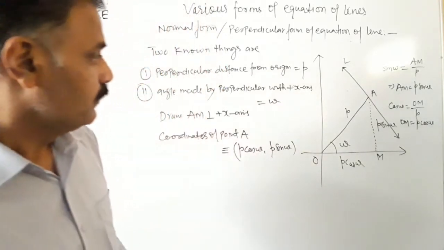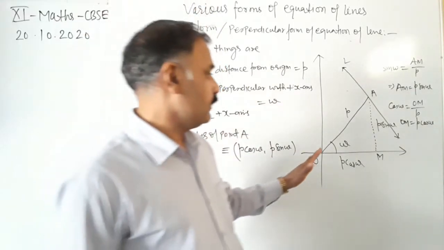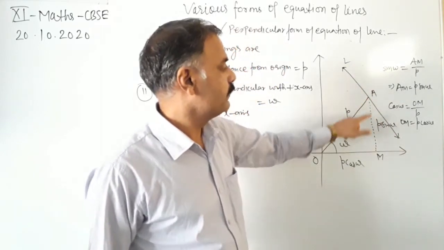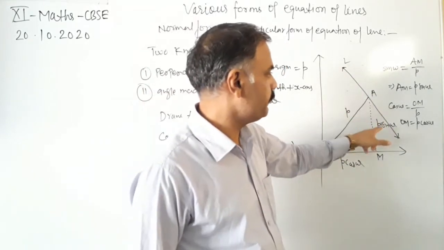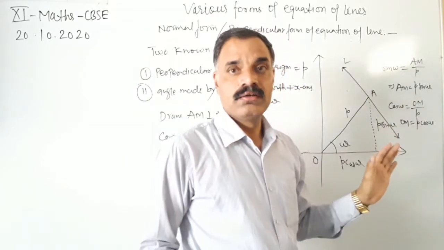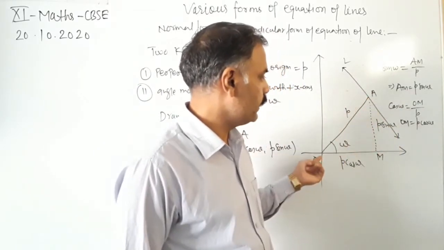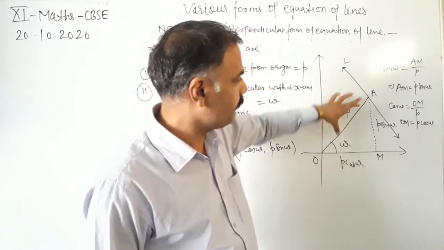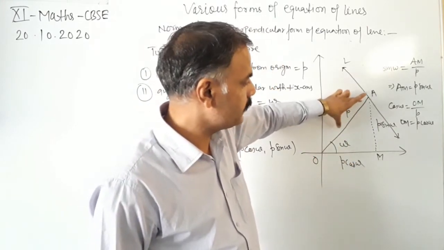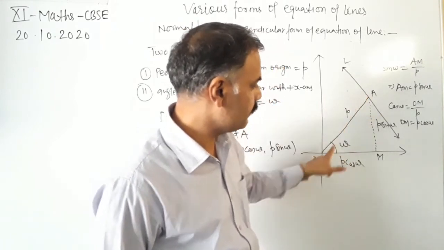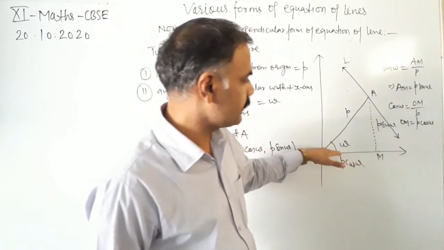Now we have to find the slope of this line L. We know that OA is perpendicular to L. We can easily find the slope of the line OA, as the angle made by the line OA with the positive x-axis is omega.